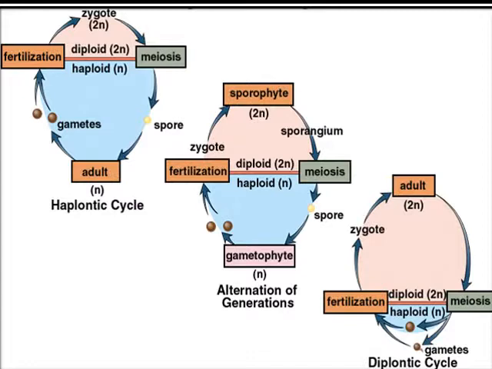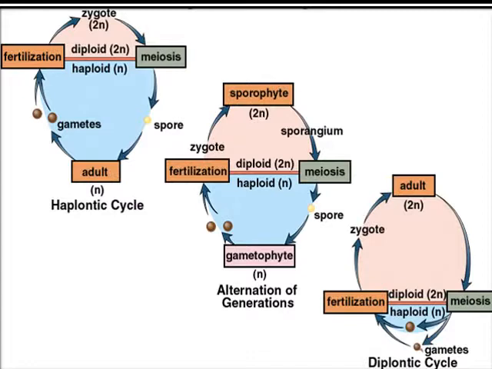As n and n combine, it results in a diploid zygote. So the diploid zygote will again form the adult. So here also you can see that the adult and the zygote, the major structures, have a diploid body, that is 2n number of chromosomes, while only the gametes are haploid. Therefore this type of life cycle is known as the diplontic life cycle.